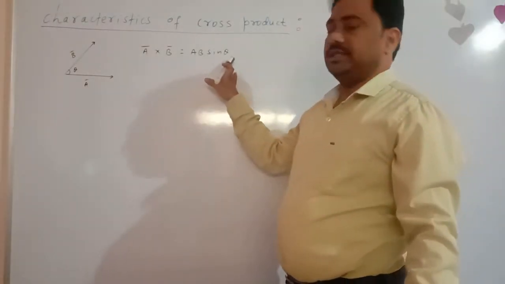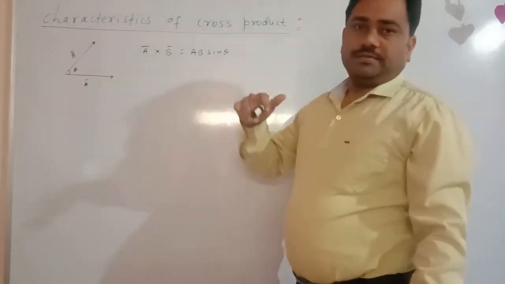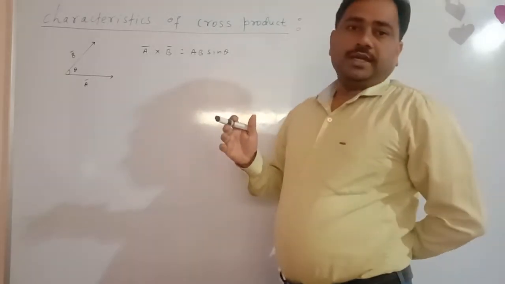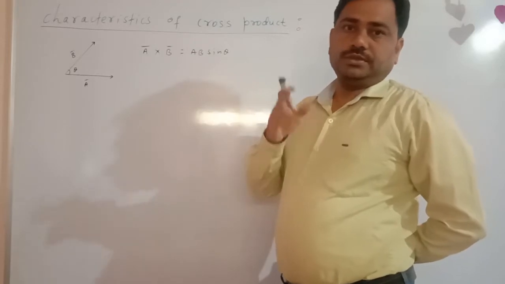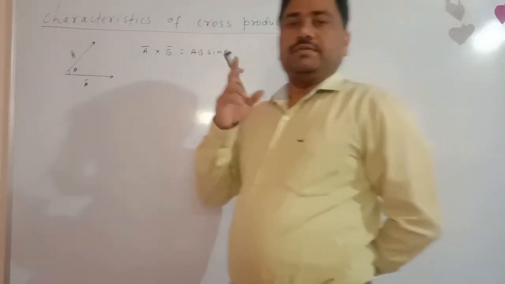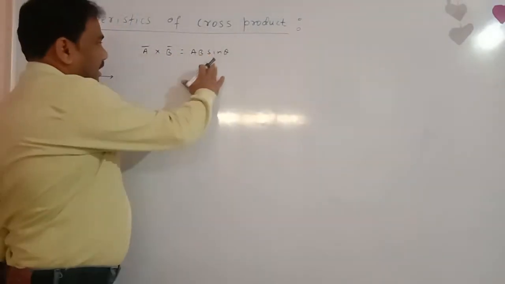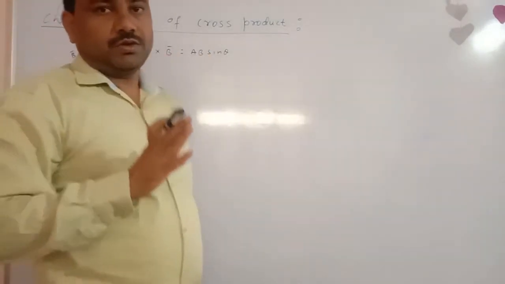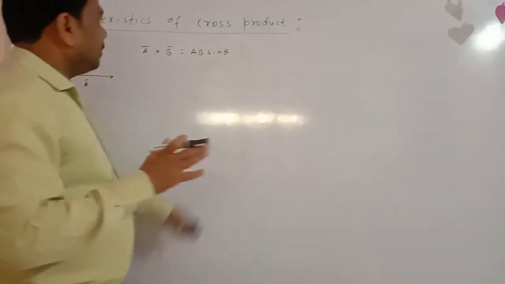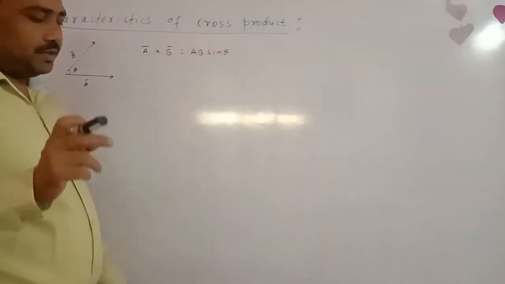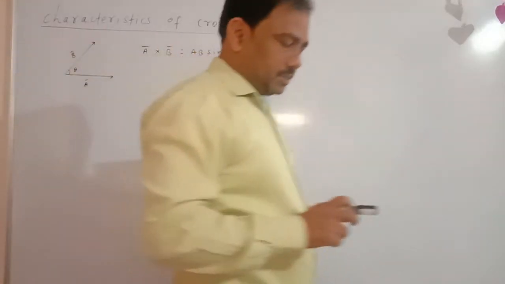In the case of dot product, which theta do we apply? Cos theta. So you should memorize: if it is a dot product, use cos theta, and if it is a cross product, use sine theta. This is the main difference between dot product and cross product.